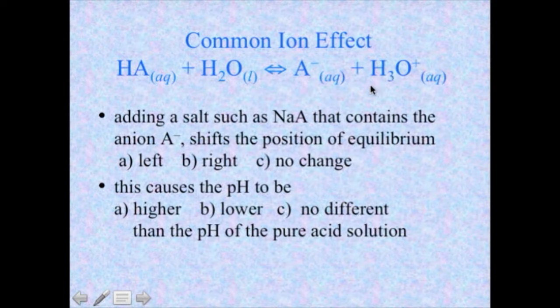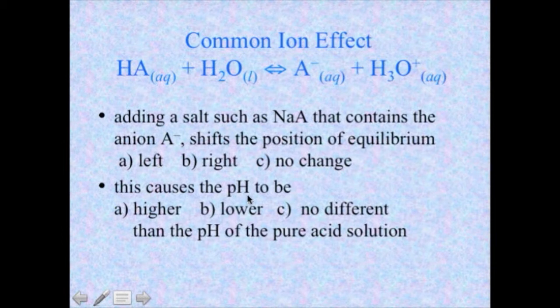It's going to do that by shifting to the left, to make the numerator smaller and the denominator larger. So A- will decrease, hydronium ion will decrease, and weak acid concentration will increase. So adding the conjugate base salt shifts the position of the equilibrium to the left.